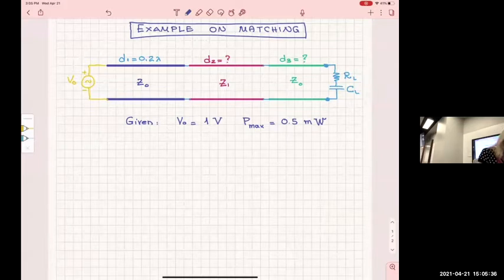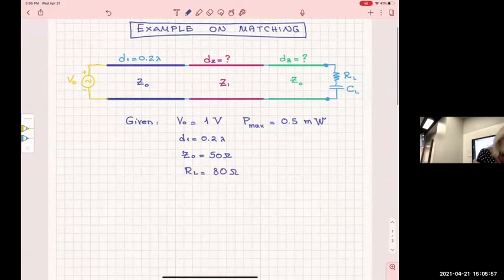Number two, they give you that D1 is 0.2 lambda. Number three, they give you that Z naught is 50 ohms. They also give you that RL is 80 ohms.